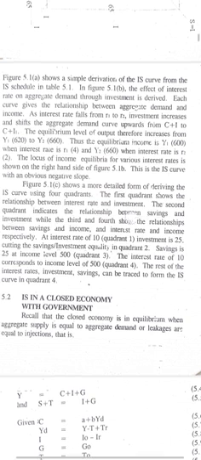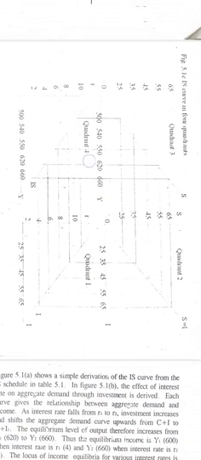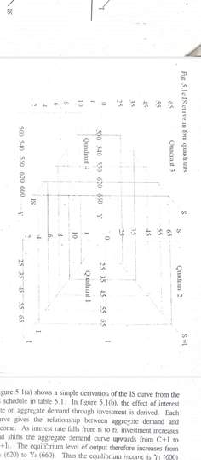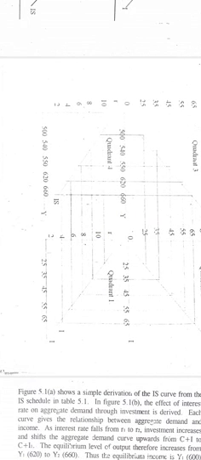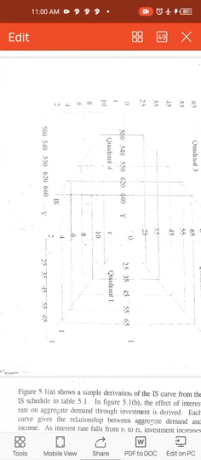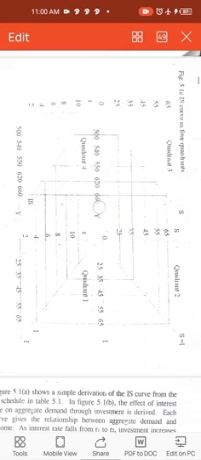Look at the savings and income in the third quadrant. Then the fourth quadrant is interest rate and income.